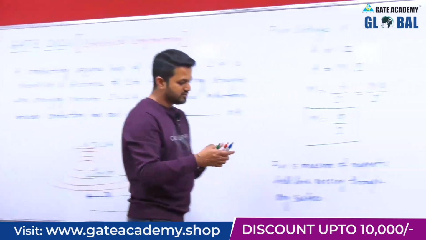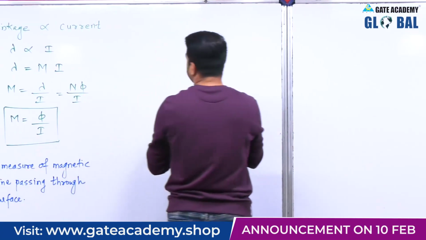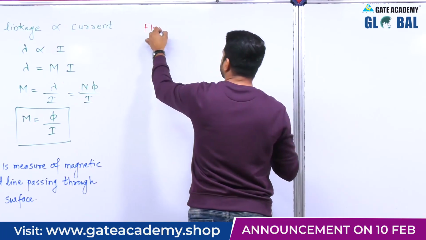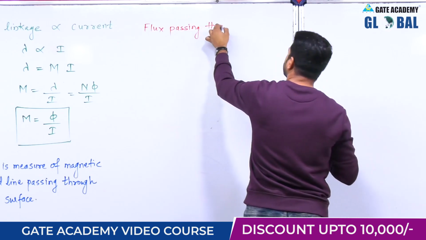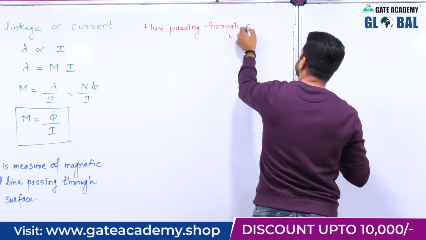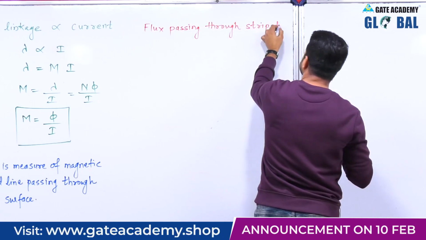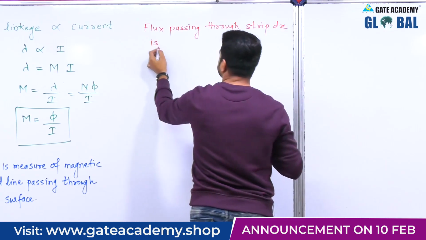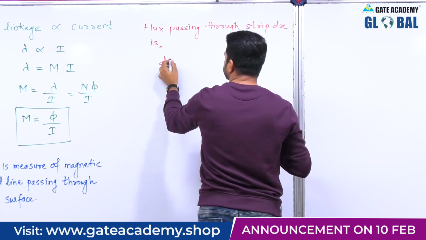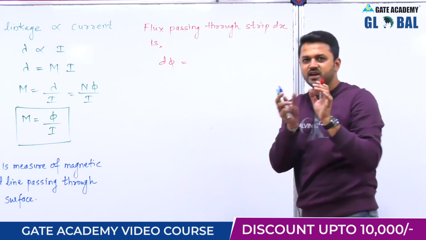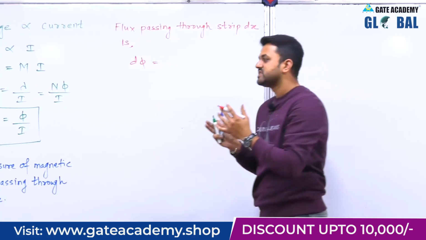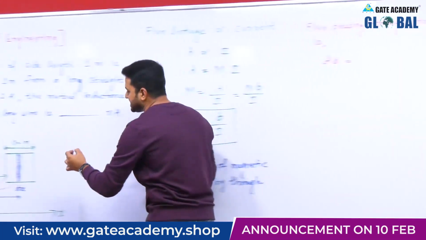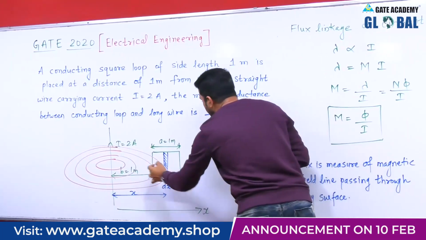Okay, so flux passing through strip dx is d phi, because we are calculating the flux in a very small portion, but we know that the magnetic field lines are passing through the whole square loop.